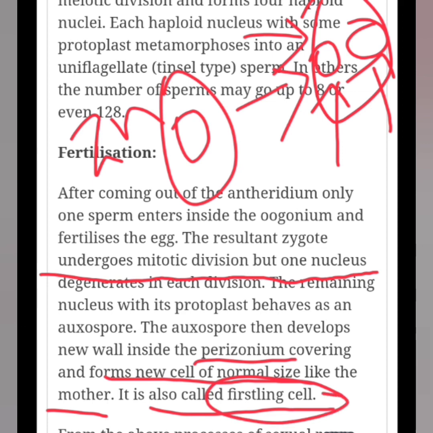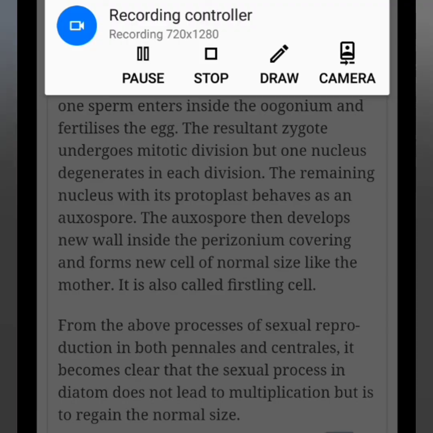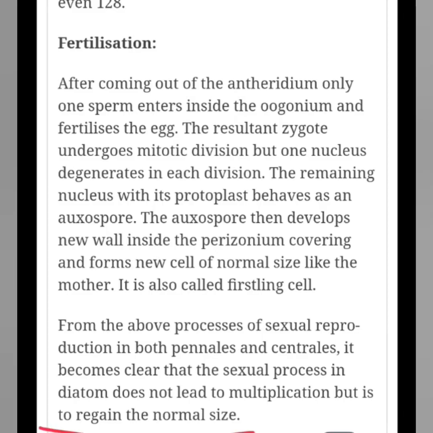And thus, from the above process of sexual reproduction in both the pennials and the centrials, it becomes clear that the sexual process in diatoms does not lead to multiplication but to regain its normal size.